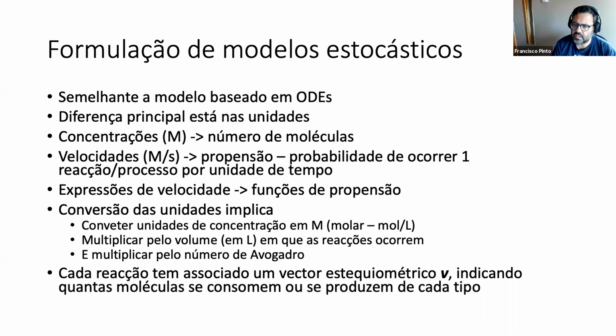So those are the basic things that you have to know. You have to know which are the dependent variables, which are the processes occurring, and for each process, what is the propensity expression that will tell you the probability that that event will occur in a unit time.